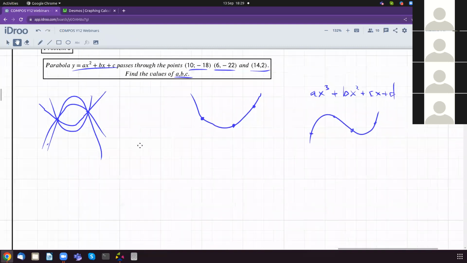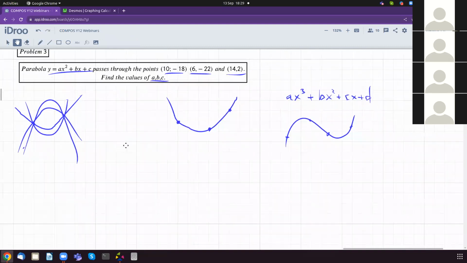Okay, and to find these, there are no magic ways of doing it. It's just simultaneous equations.